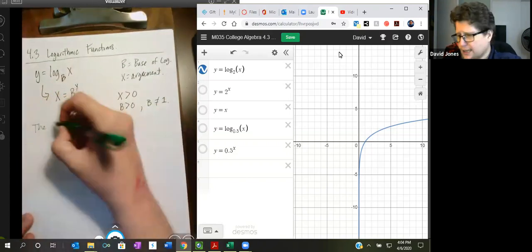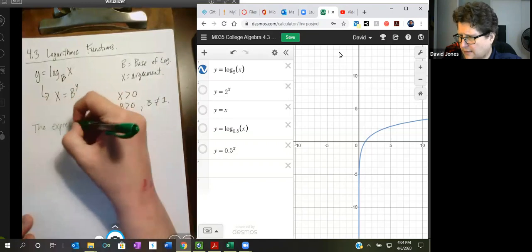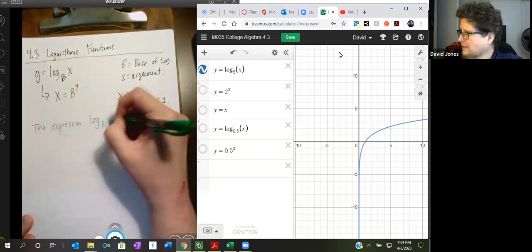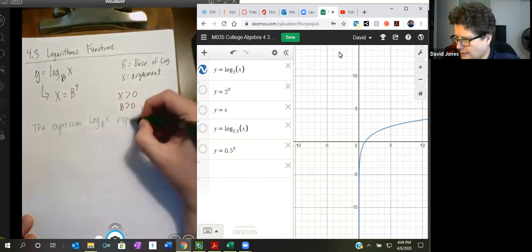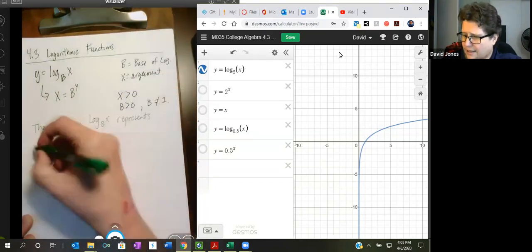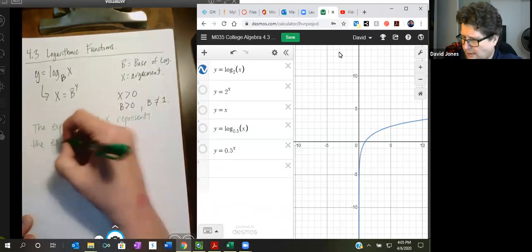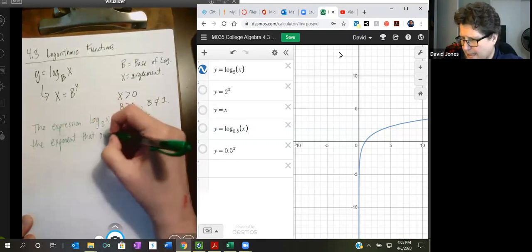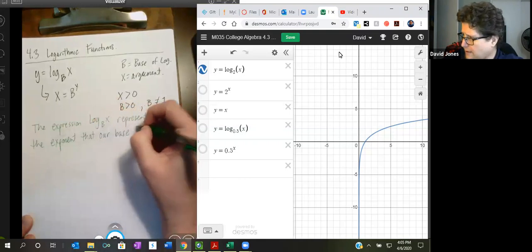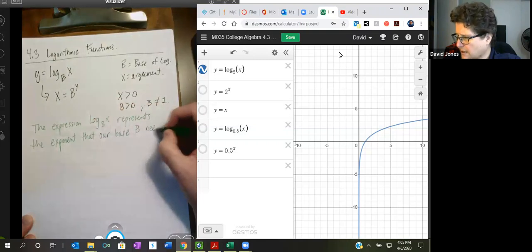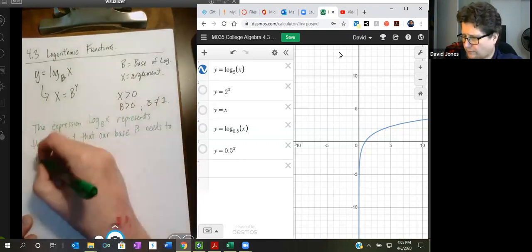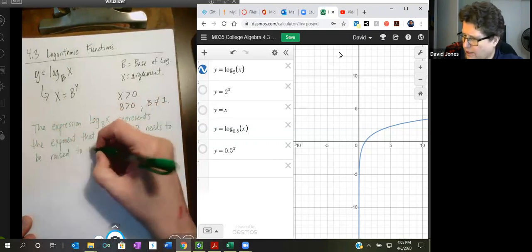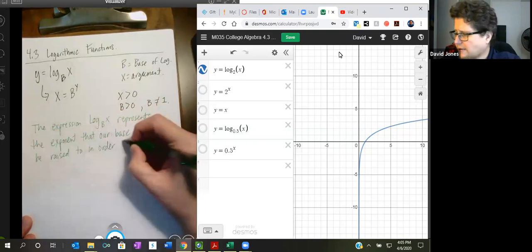The expression log base b of x represents the exponent that our base b needs to be raised to in order to obtain x.